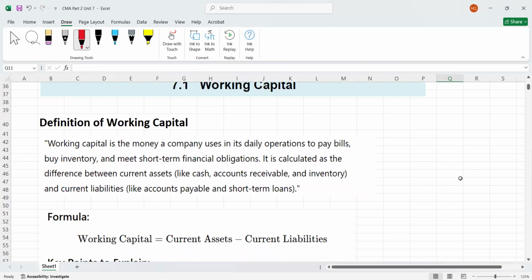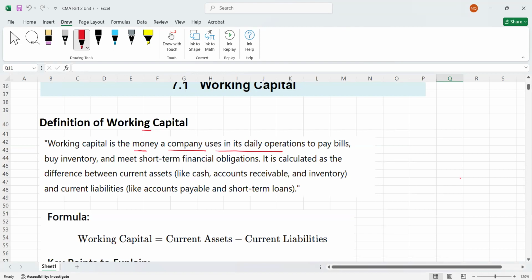So guys, by definition, how can we define working capital? Working capital is the money a company uses in its daily operations. Your daily operations might require you to buy inventory or pay your bills.